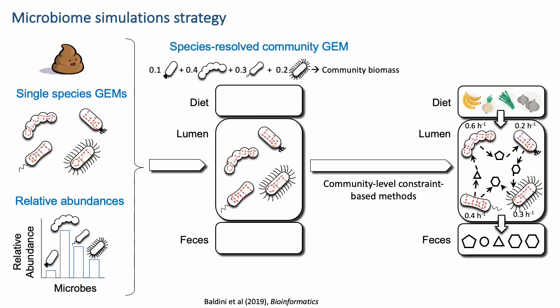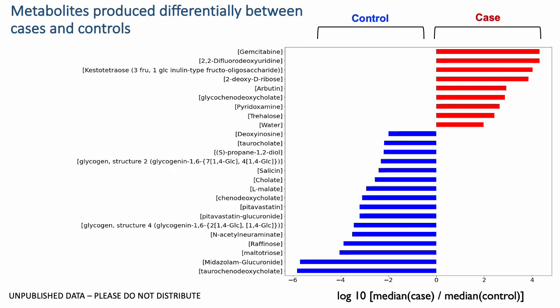So we performed one such simulation for each metagenomic sample, and then for the first part of our analysis we compared the metabolites secreted into feces in cases compared to controls. For brevity of presentation, here we have shown only the top 25 metabolites with the highest fold change in the production level in cases compared to controls.